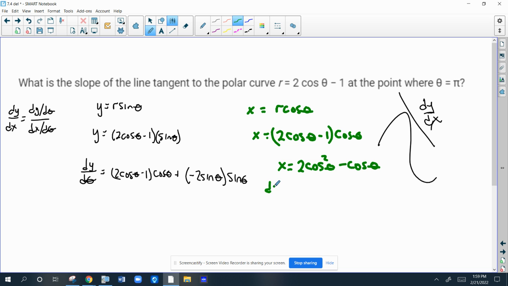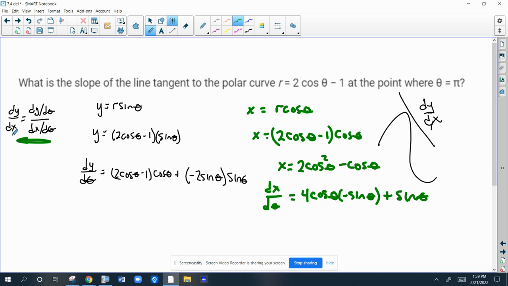So dx/d theta, the denominator of this, will be just the derivative here. So chain rule, we have 2 cosine squared, so it's 4 cosine to the first times the derivative of the inside, which is the derivative of cosine, which is negative sine. I'm done with the first term, and then minus the derivative of cosine, which is negative sine, so this would be plus sine.